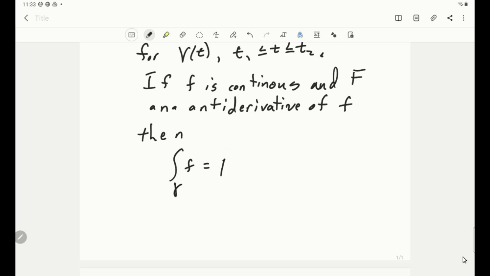I'm just going to write the fundamental theorem of calculus idea. So this is F of gamma of T2 minus F of gamma of T1.